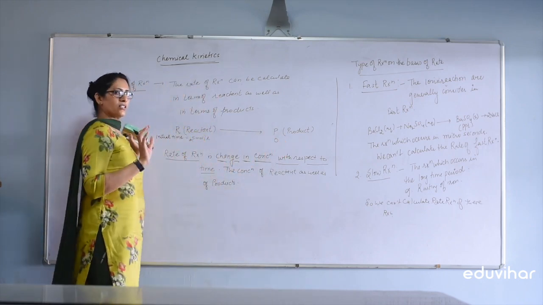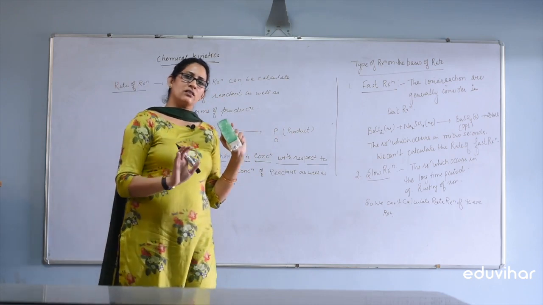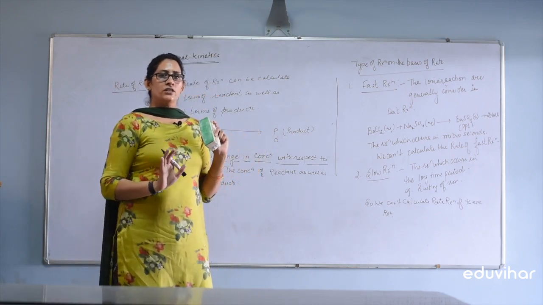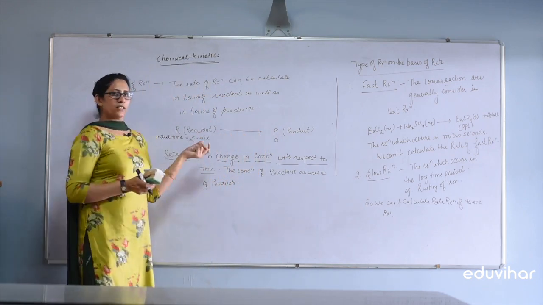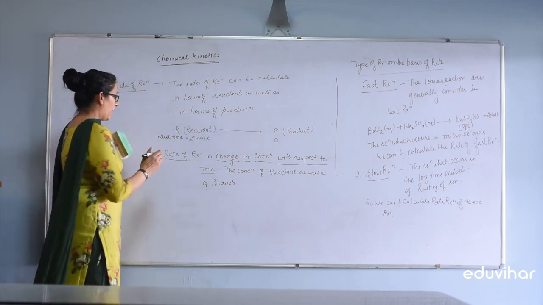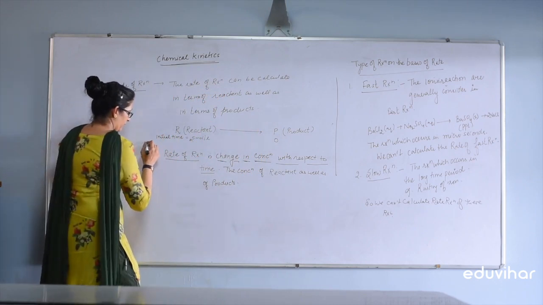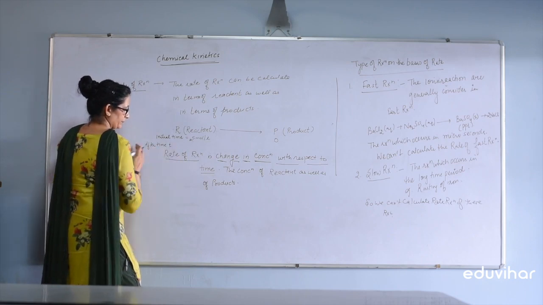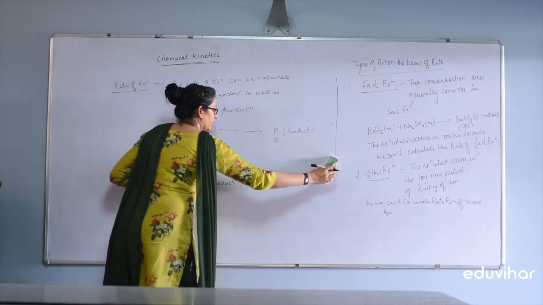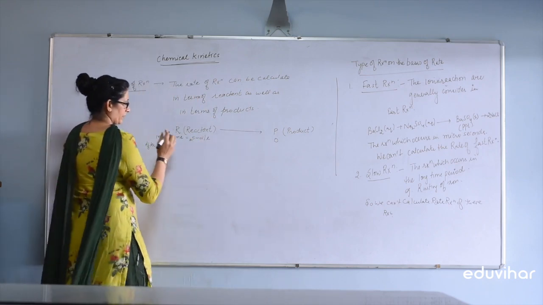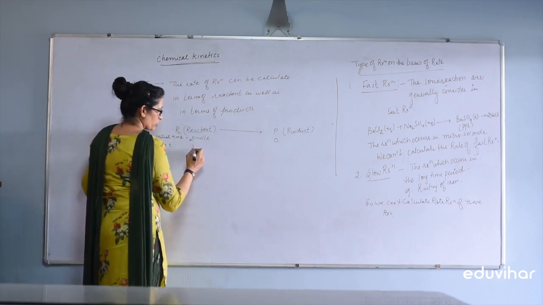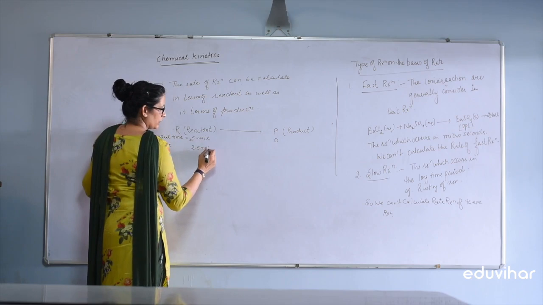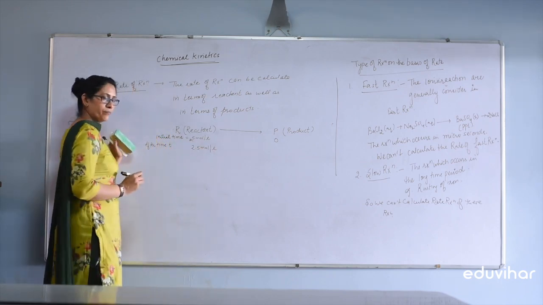When your reaction starts, at that time the concentration of product is always 0, but the concentration of reactant is always something. After time t, concentration of reactant becomes 2.5 mole per liter.